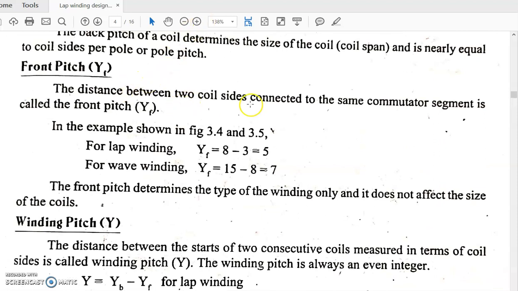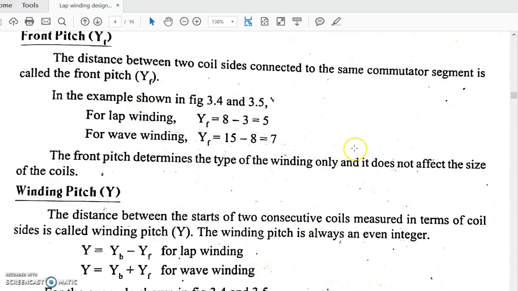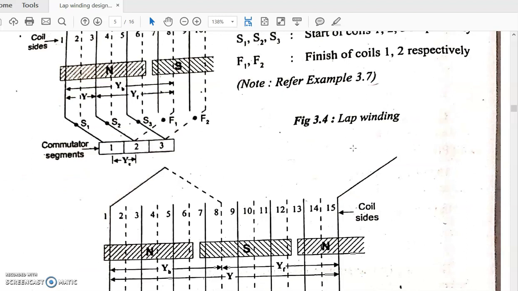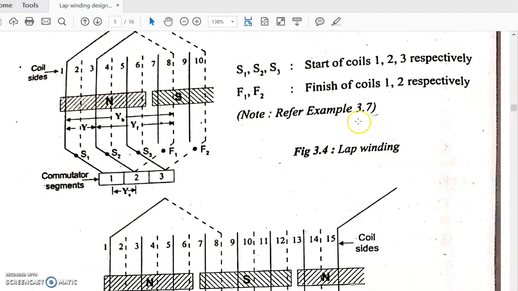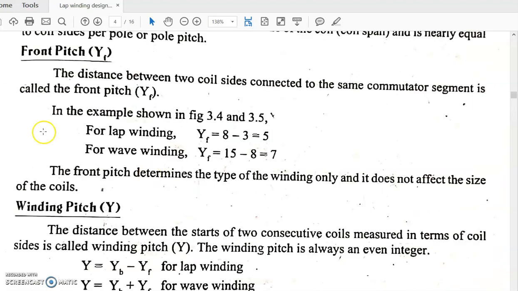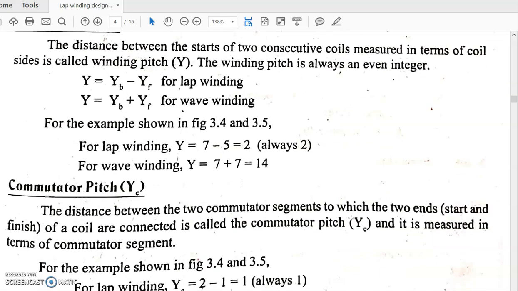The next pitch is the front pitch. It is the distance between two coil sides connected to the same commutator segment. See here, front pitch is the distance between two coil sides connected to the same commutator segment.